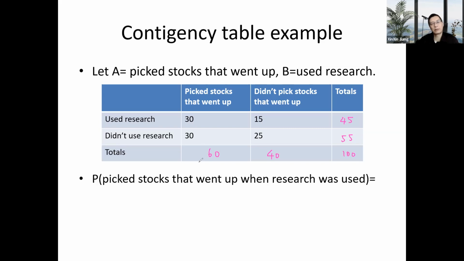All right, so what is the probability that picked stocks that went up when research was used? One second. I dislike this language, when research is used. This language is a little bit confusing. Let's use if.